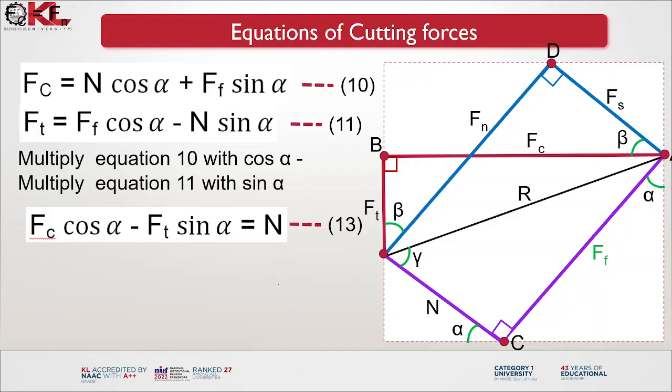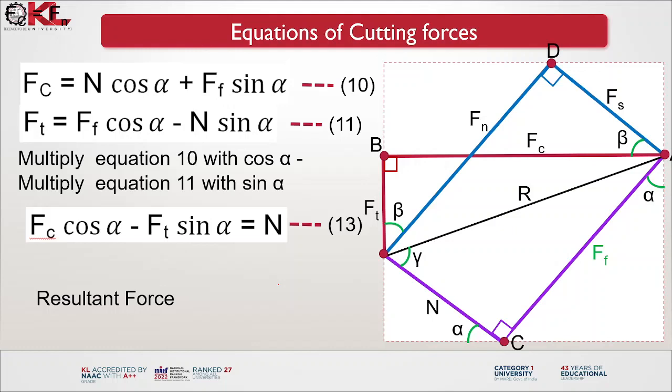Now you can see that all the forces are derived: cutting force Fc, thrust force Ft, shear force Fs, normal to shear force Fn, frictional force Ff, and normal to the frictional force N. All forces are derived through these equations.